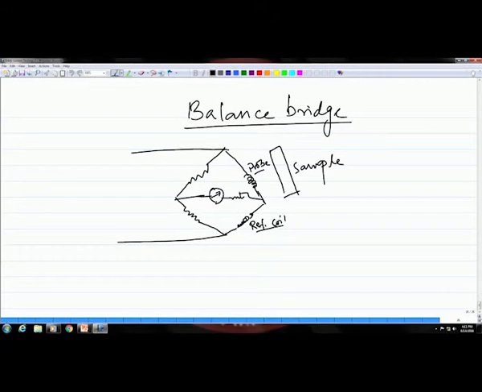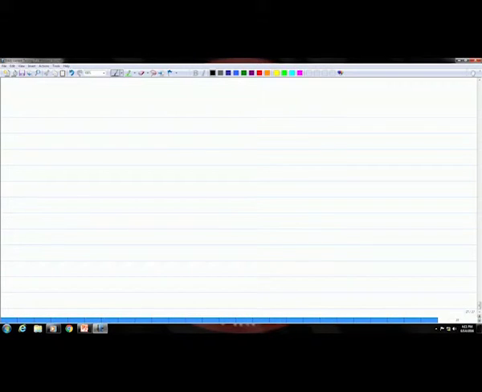Okay. And we have also talked about the eddy current systems, the different parts of it. So, today we will continue and see the other aspects of this particular technique.